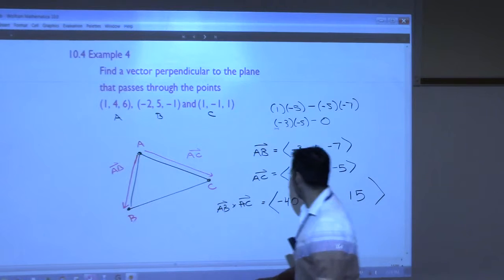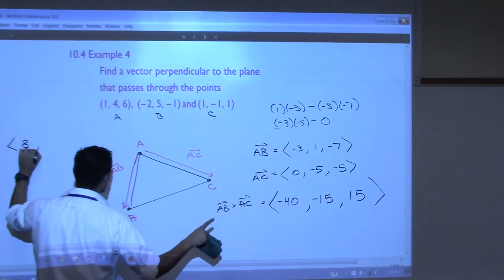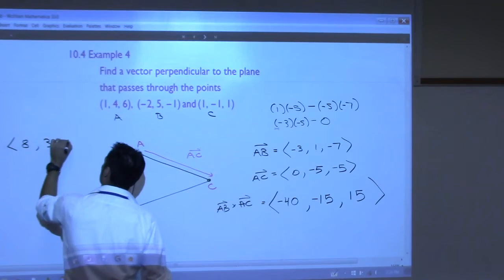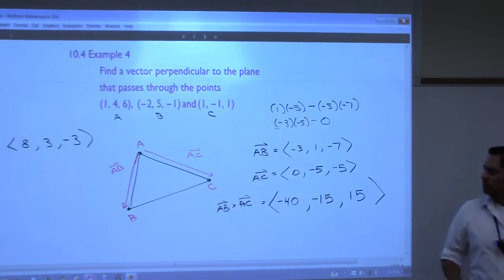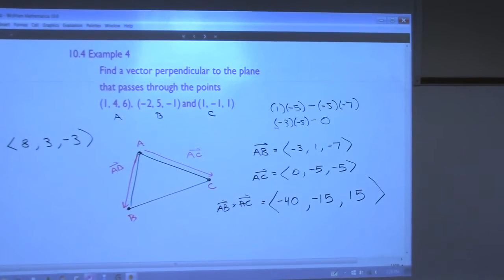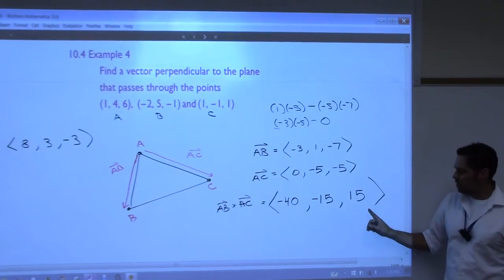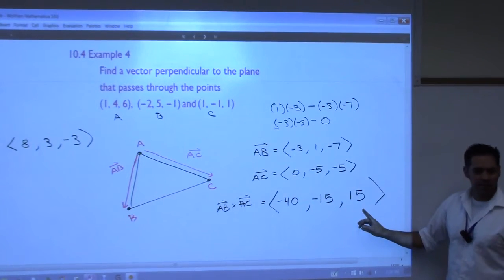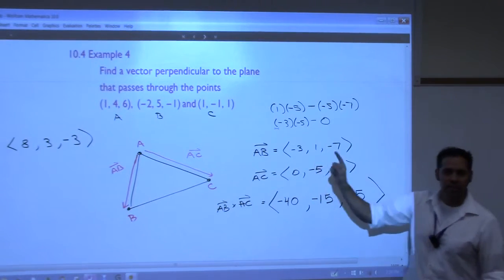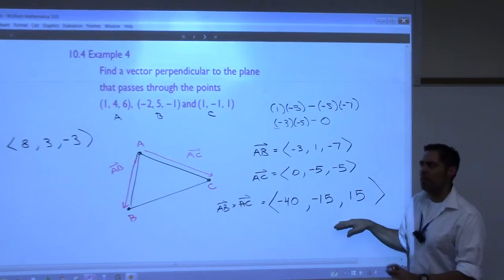Could I have used this as an answer? Could I have used that? Yes, why? That's just a scalar multiple of this, isn't it? All I did is divide each of these by -5. Divide that by -5, divide that by -5, divide that by -5, and you get that vector. So that vector is pointed in the same direction as this one, isn't it? Well, actually, sorry, it's parallel.